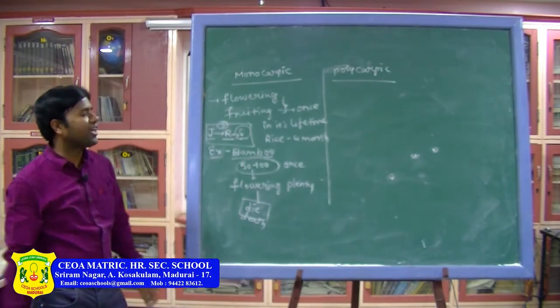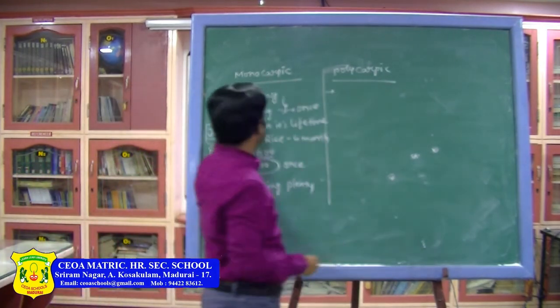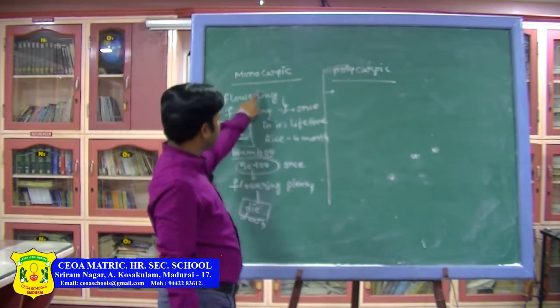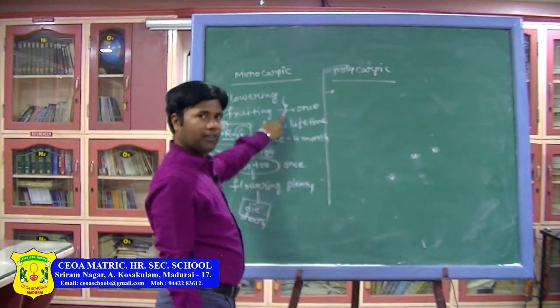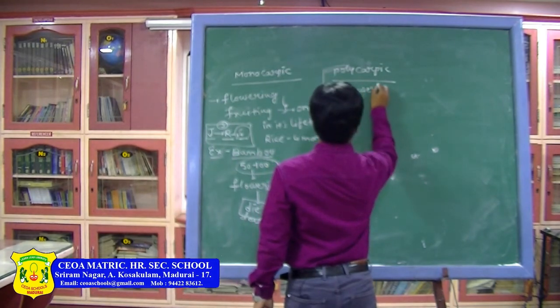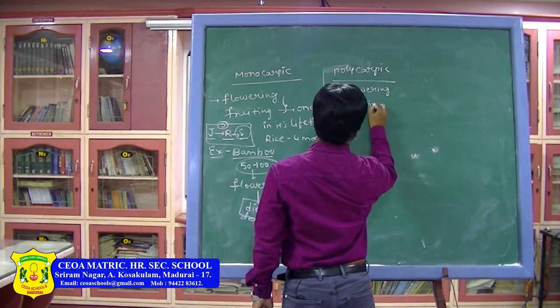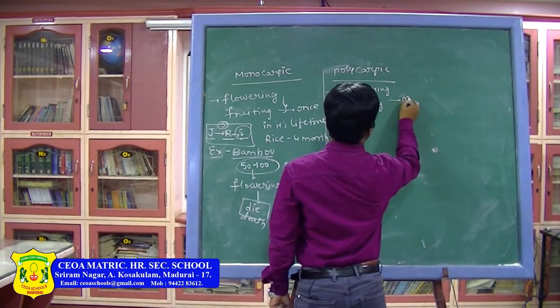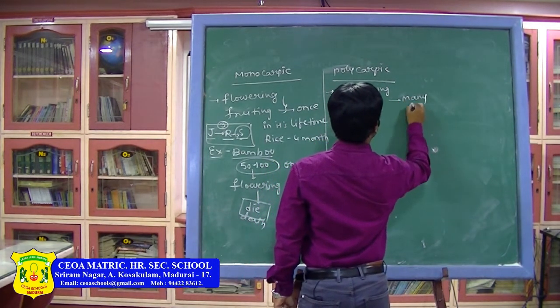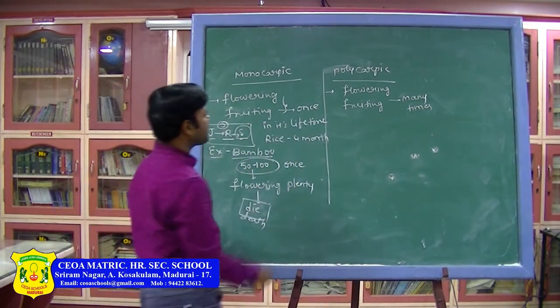Whereas in a polycarpic, when you see, what is polycarpic? Flowering and fruiting, in monocarpic it is completed only once. Here, flowering and fruiting happen many times in its lifespan. What happens here?